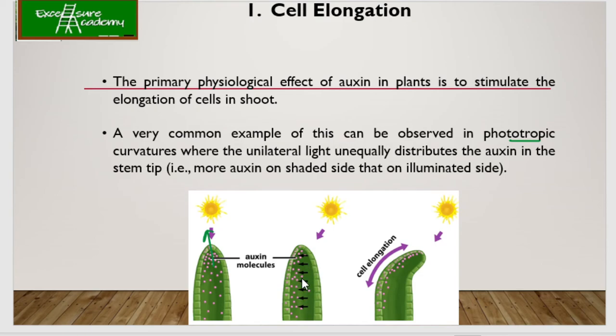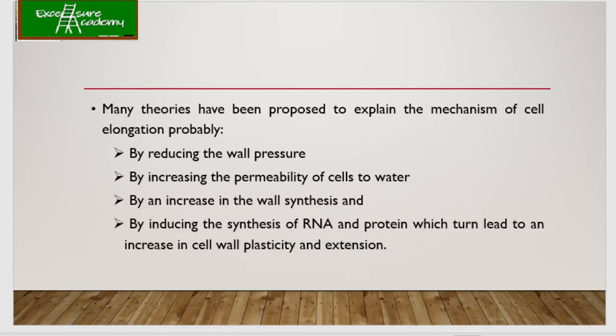Now the auxin molecules are there. If you get the sunlight from one direction, the other side becomes the shaded part. So the auxin molecules move to the shaded part, away from the illuminated side. That is why the elongation will happen like this, and that's why it shows the curvature in the structure.